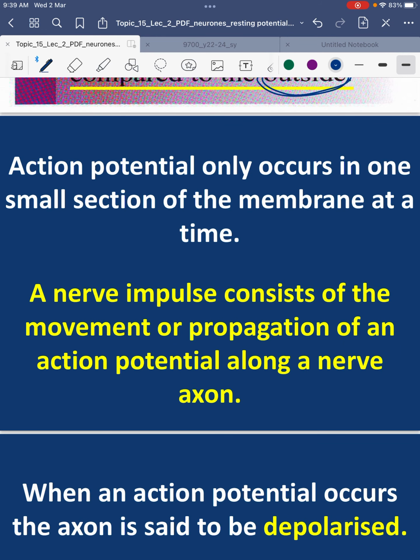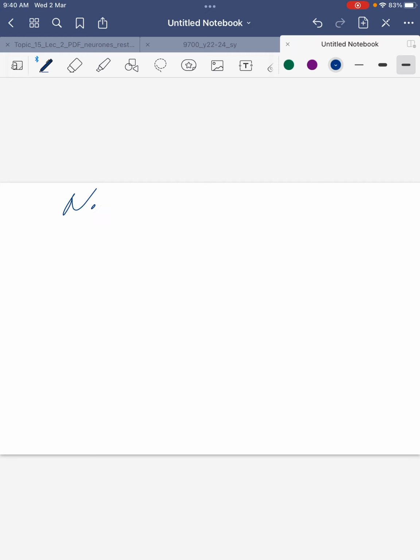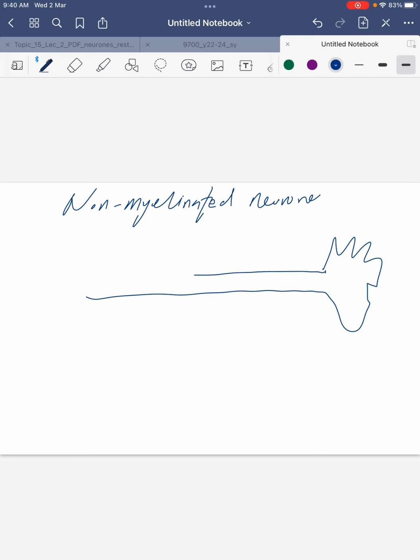Action potential only occurs in one small section of the membrane at a time. A nerve impulse consists of movement, or propagation, of an action potential along a nerve axon. Just in a nutshell, in a non-myelinated neuron, regardless if it's a motor neuron or sensory neuron, here I give you an example of a motor neuron, something like this with the nucleus.